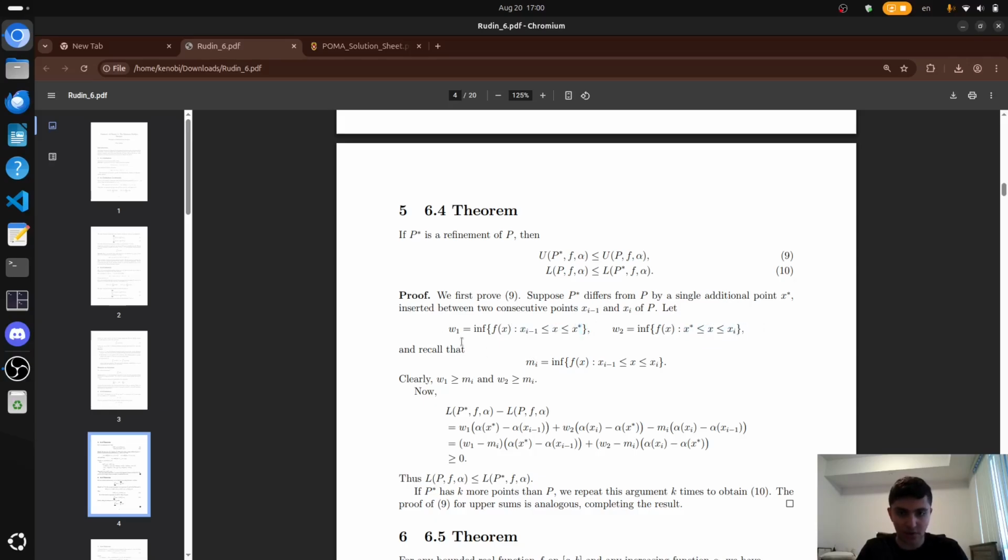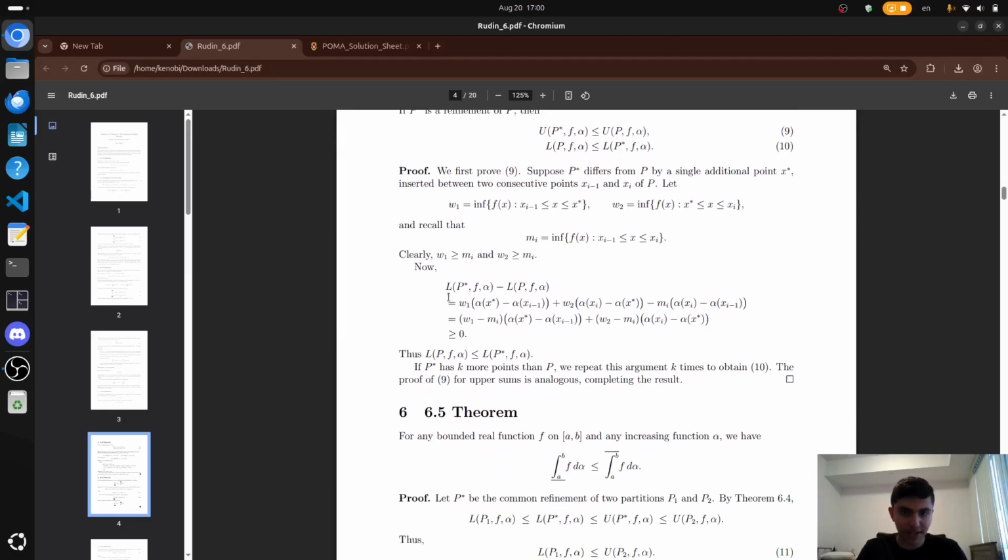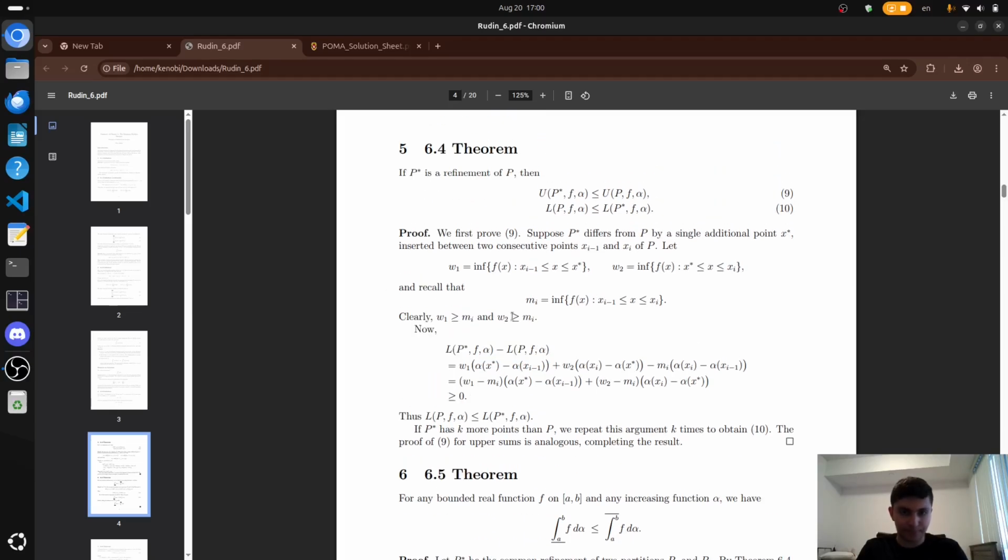So that's what we have. And M_i is the infimum over all of this interval. Now, if we take the subtraction of this, L(P*, f, α) minus L(P, f, α), it's basically going to be that all the common points of the partition will cancel out, right?